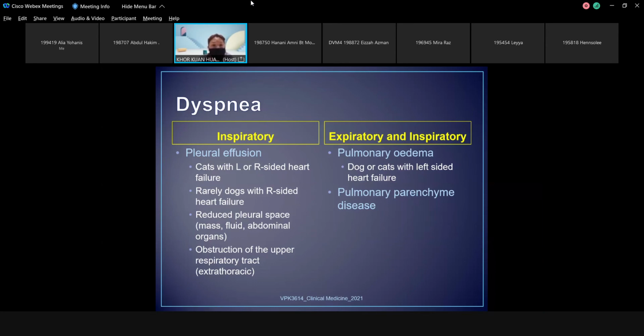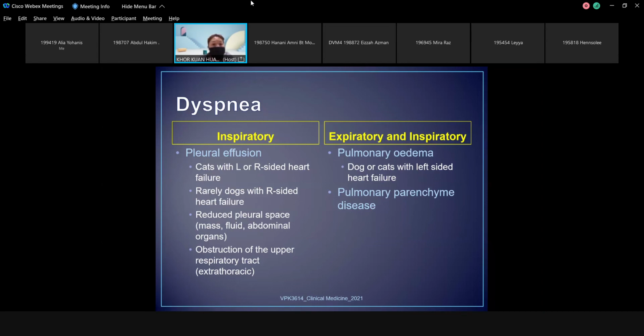But in dogs, it's only in left-sided heart failure, but it's a pulmonary edema. So if there is inspiratory dyspnea in dogs, it can be because of right-sided heart failure, but it's very rare. So you can consider this point is not important to remember.